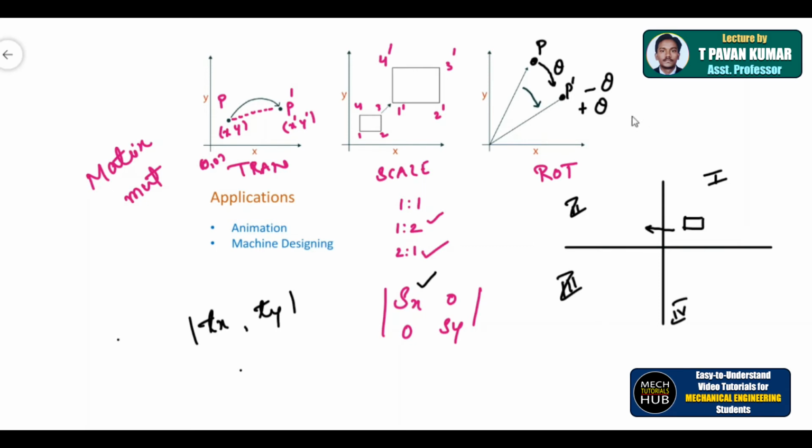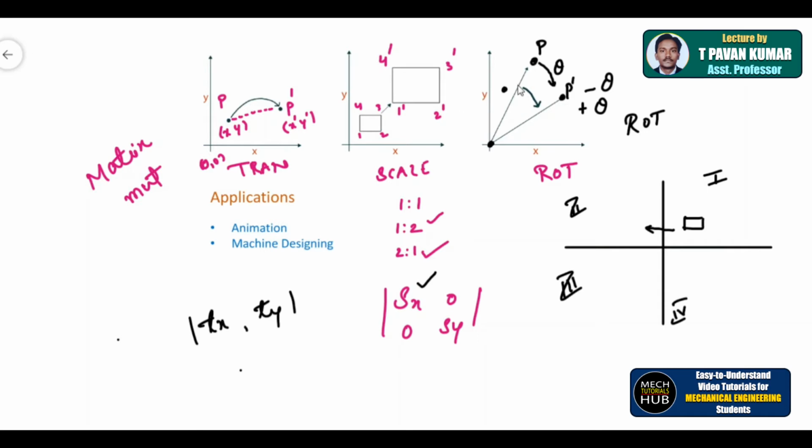But whenever you write a matrix for rotation, one thing is very important: whether you are rotating with respect to the origin point or with respect to any arbitrary point, that plays a key role. Accordingly you have to think and write the matrix.